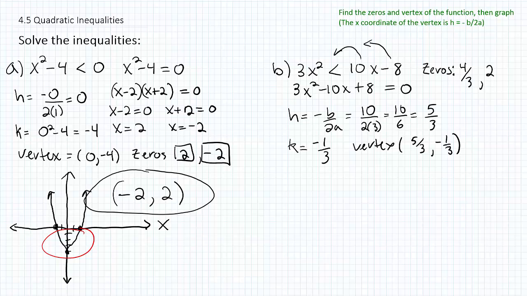All right, now let's go ahead and plot the vertex and the zeros on the graph so we can get a quick sketch of the function. So the vertex is at 5/3, which is basically like 1 2/3 or almost 2. So I'm just going to put on our graph here 1, 2, and put the vertex somewhere there, and then down -1/3. So it's basically right there, the vertex, very close to the x-axis, right?